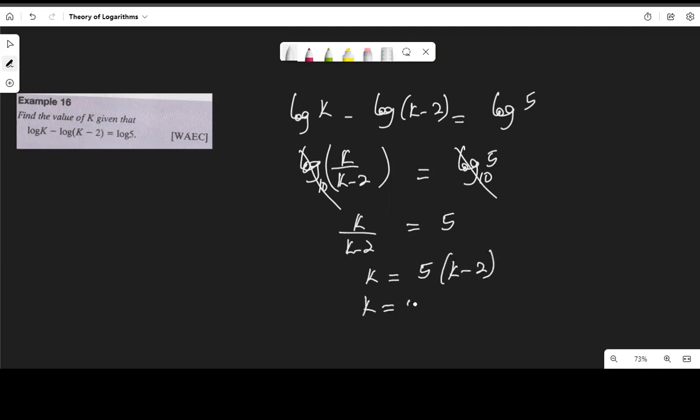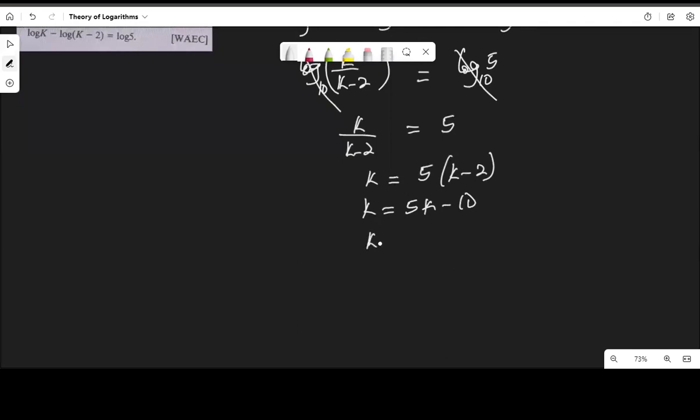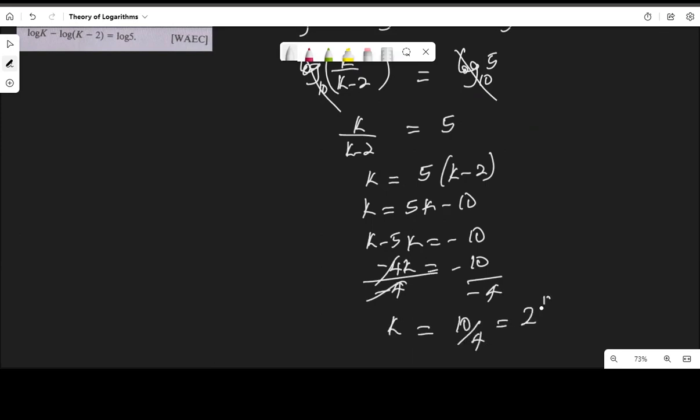K therefore is 5k minus 10. Collecting like terms, k minus 5k is equal to minus 10. Minus 4k is equal to minus 10. Divide both sides by minus 4. This is also k is equal to 10 divided by 4, which you can write as 2 and a half.